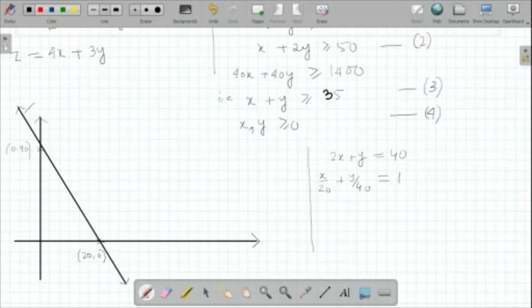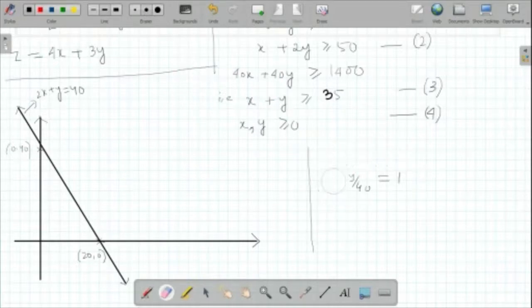And what is this equation? This equation is 2x plus y equals 40, right? Now the second equation is x plus 2y equals 50.